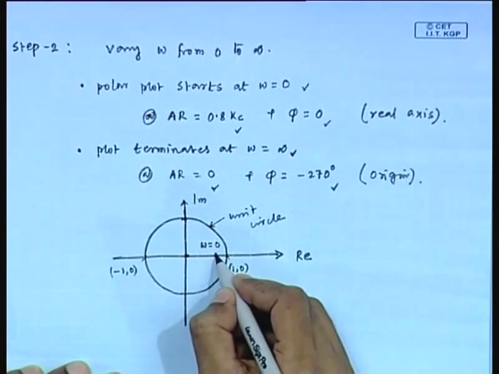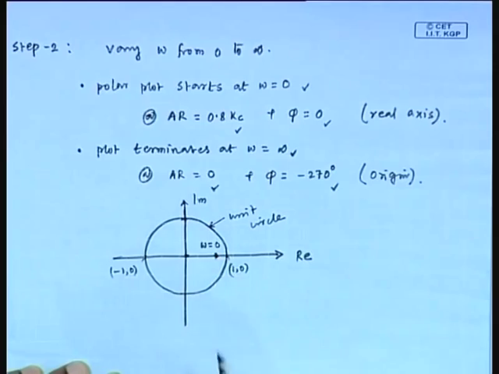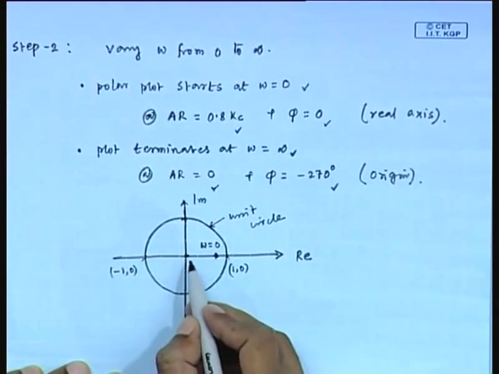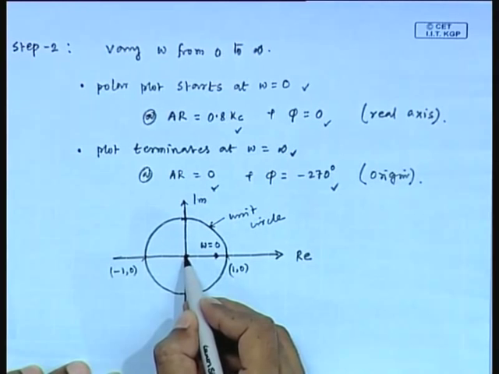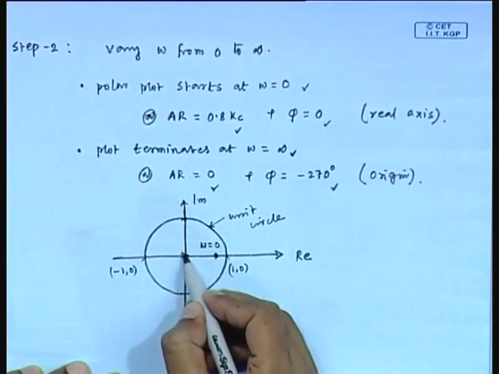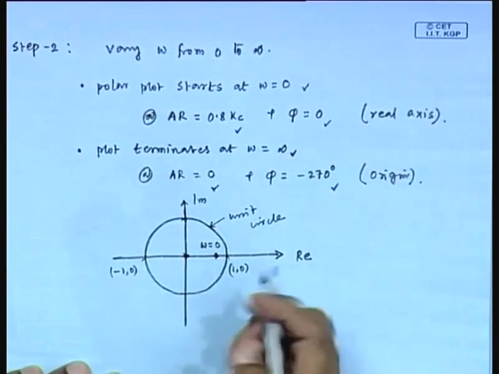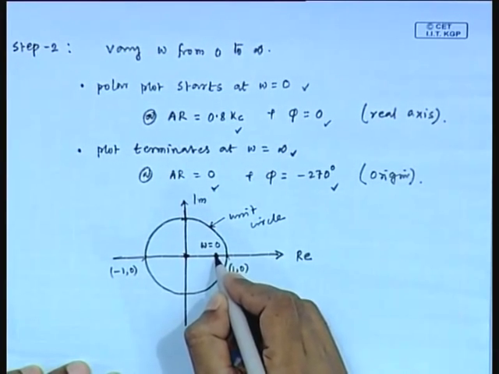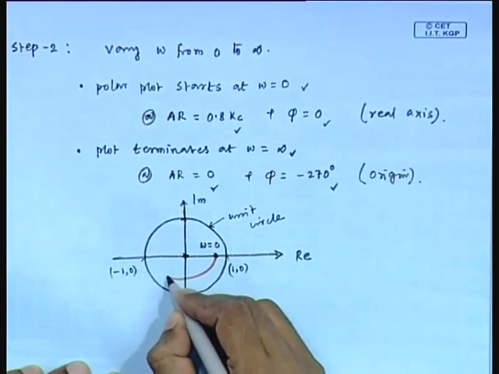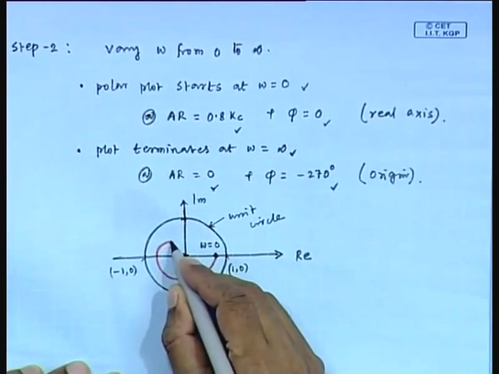This is the starting point, which we obtain when omega equals 0, and indicates amplitude ratio is 0.8 and phi is 0. What about the end point? At the end point amplitude ratio is 0 and phi is minus 270, that means this. So, if we join, then we obtain the plot like this.